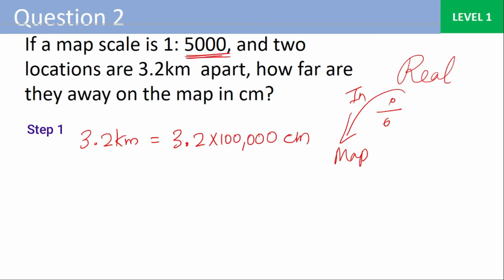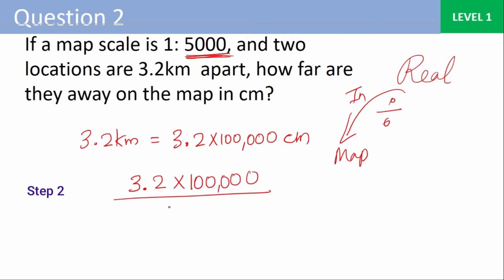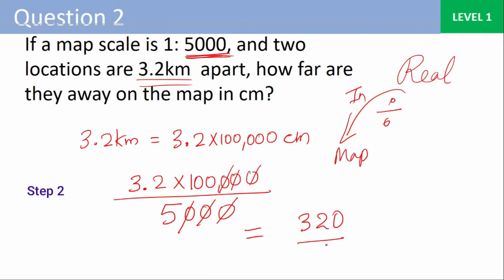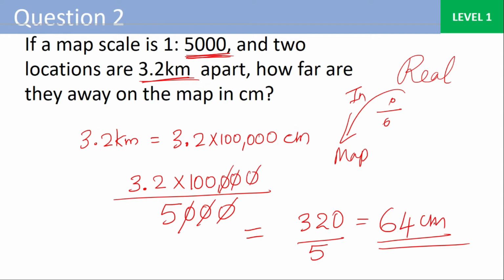And now you do the division with your map scale, which is 3.2 times 100,000 divided by 5,000. So you have the zeros getting cancelled, which is going to be 320 divided by 5, giving you 64 centimeters. So a distance of 3.2 kilometers apart is going to be just 64 centimeters away in your map.